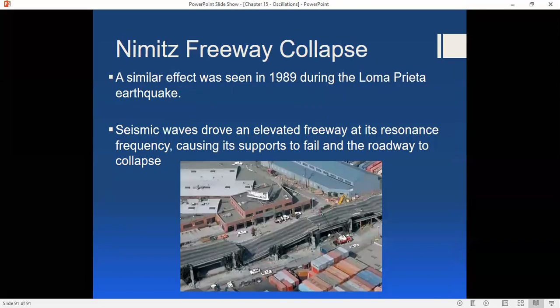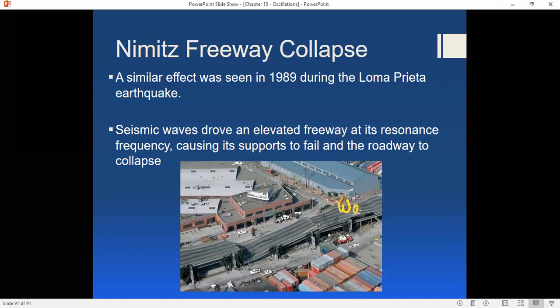Unfortunately, the outcome wasn't the same in 1989 when the Loma Prieta earthquake struck San Francisco and Oakland. Here, this overpass right here also had a particular resonant frequency. Now, this resonant frequency, unfortunately, was matched with the frequency of the earthquake.